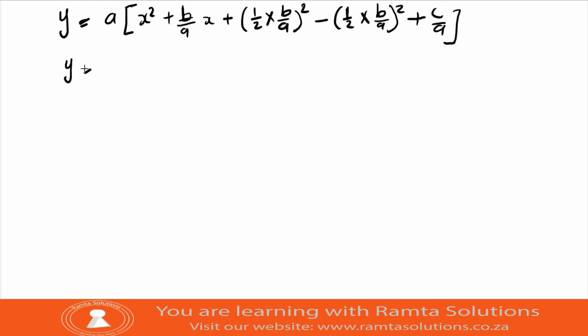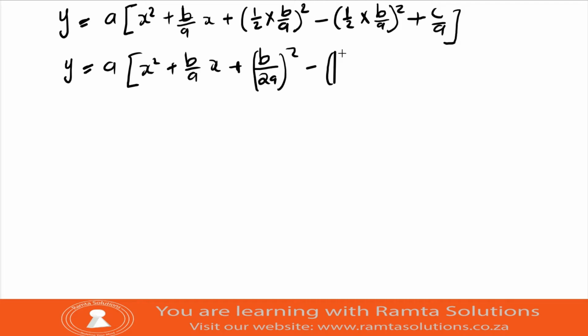Right? Now we have x squared plus b over a x plus b over 2a all squared, minus b over 2a all squared, plus c over a. Now we have a. Now we'll take this x and this part of the bracket.